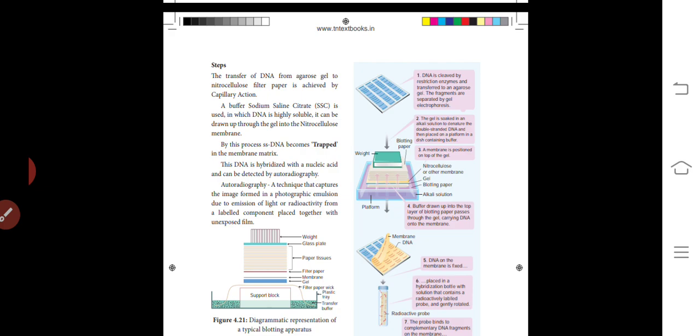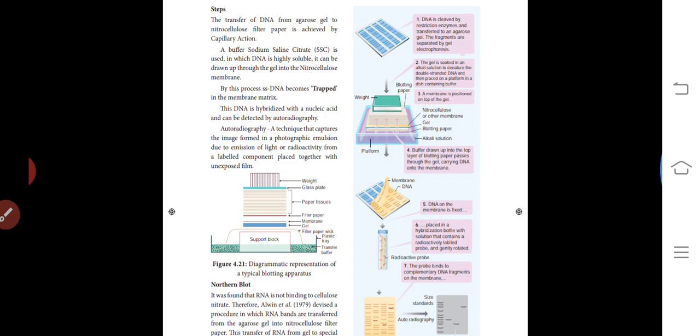The DNA hybridized with a nucleic acid probe can be detected by autoradiography. Autoradiography is a technique that captures the image on a photographic emulsion due to the emission of light or radioactivity from a labeled component placed together with the unexposed film.